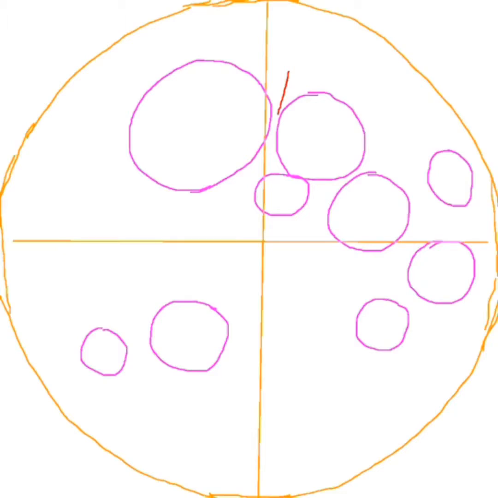Then we have the very extensive mountain range going down the rim of the Sea of Rains, or the Sea of Showers, and that is the Montes Apenninus, which is the Apennine Mountains.